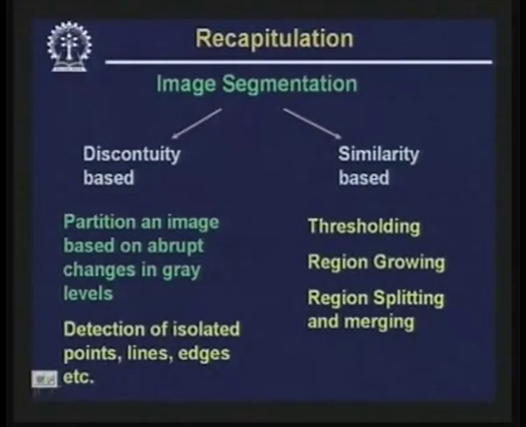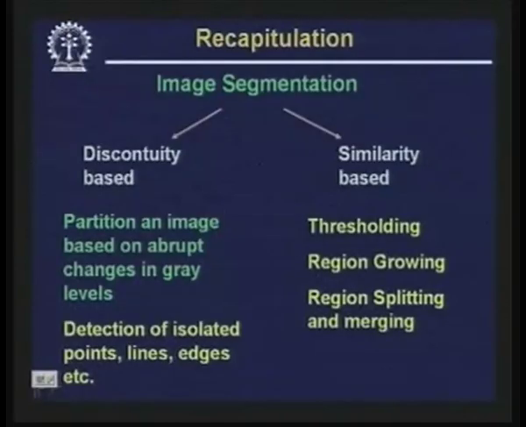So, essentially in the discontinuity based image segmentation technique, what we look for is some isolated points, or some lines, or some edges and similar such discontinuities present in the image.